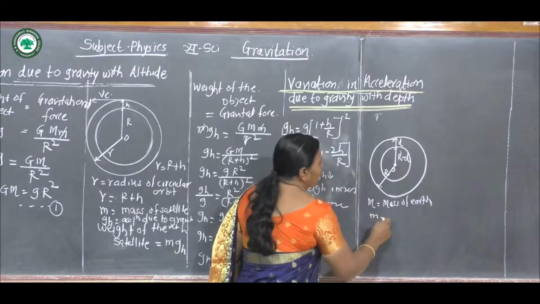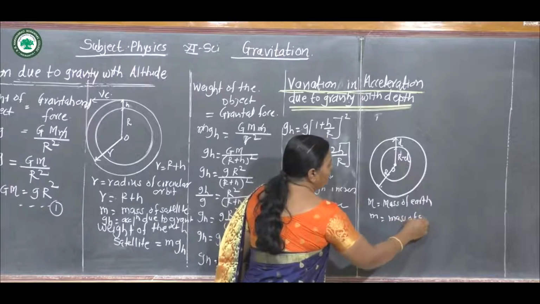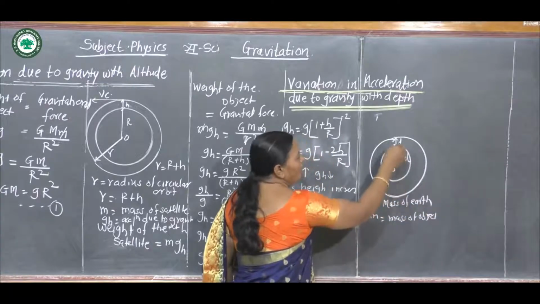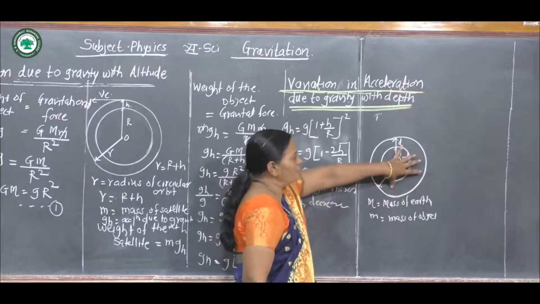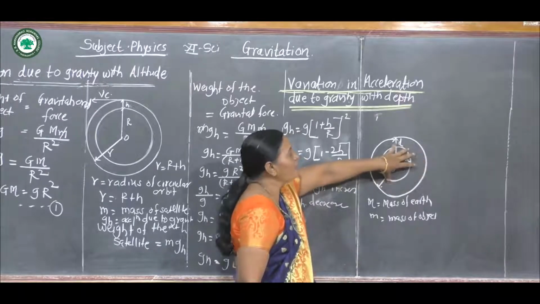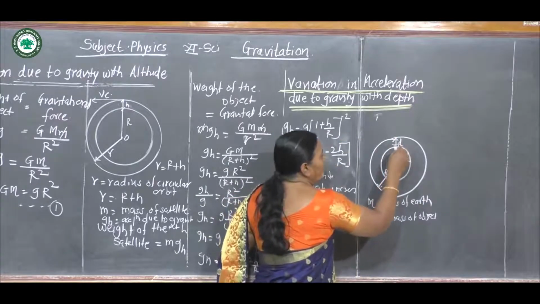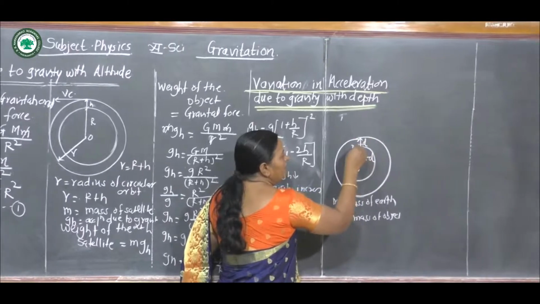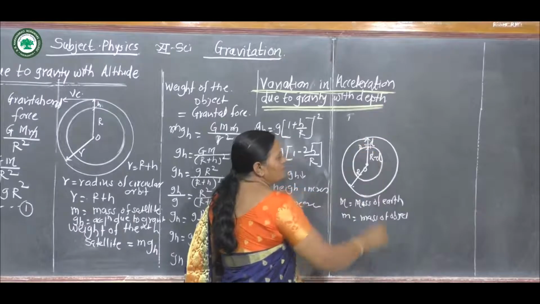Small m is the mass of the object, and it is inside the Earth. Consider the Earth is a sphere which consists of concentric rings. The mass is kept here at point P at the depth towards the center, and d is the distance from the Earth's surface towards the center.